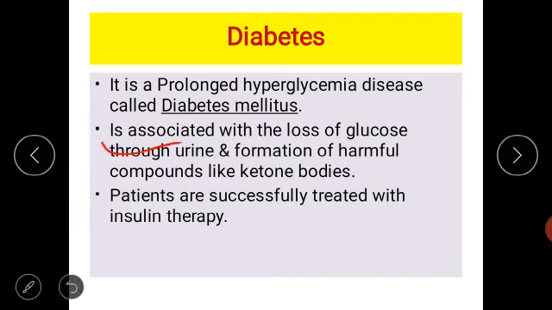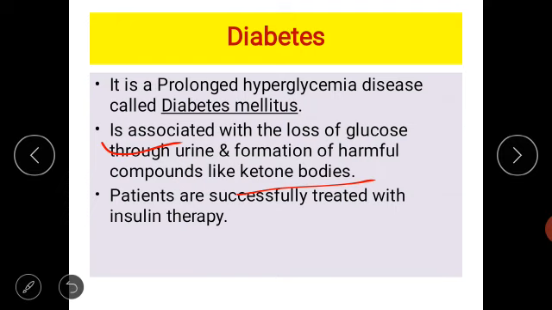It is associated with loss of glucose through urine formation and compounds like ketone bodies. So these are harmful waste substances, and glucose is detected in the urine of the patient. So that is diabetes.